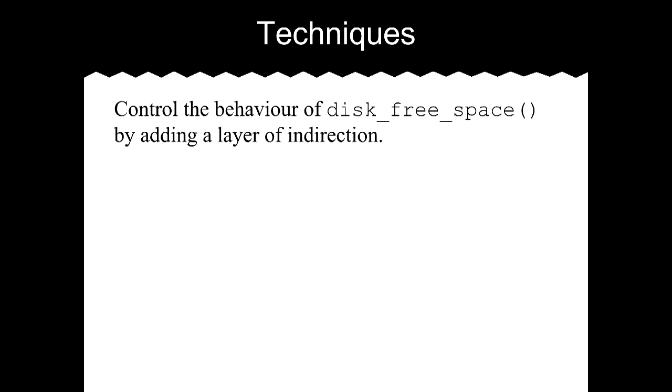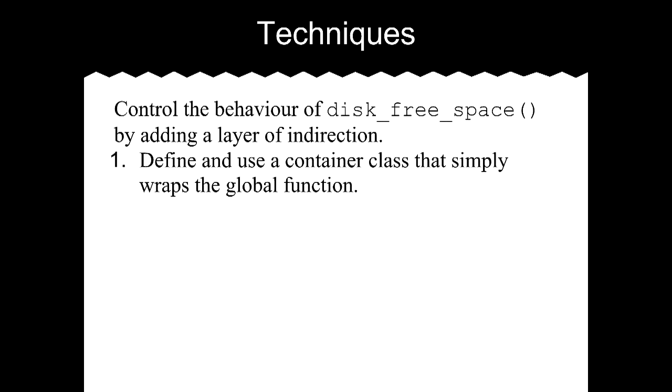So I'm going to take you through some techniques that allow you to control the behavior of disk_free_space by adding a layer of indirection. One technique would have you defining and using a container class that will wrap the global function.